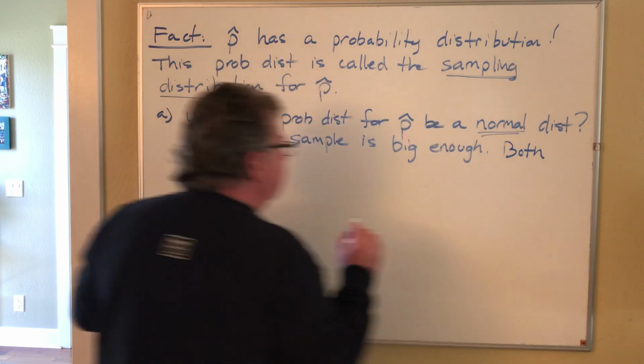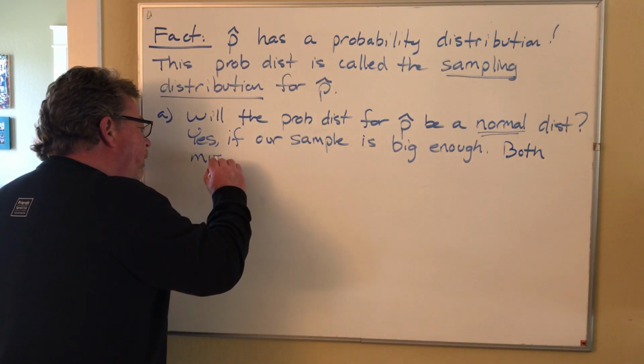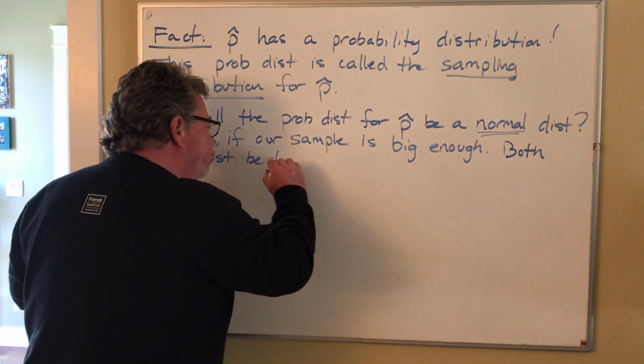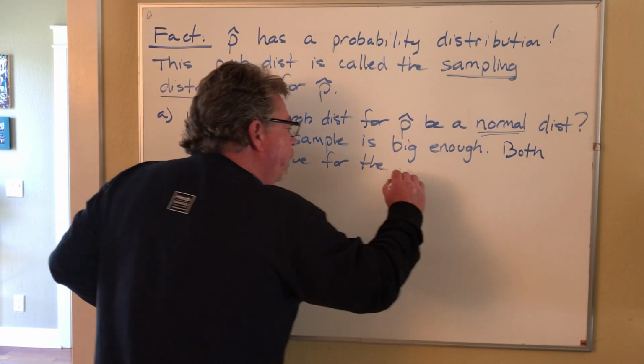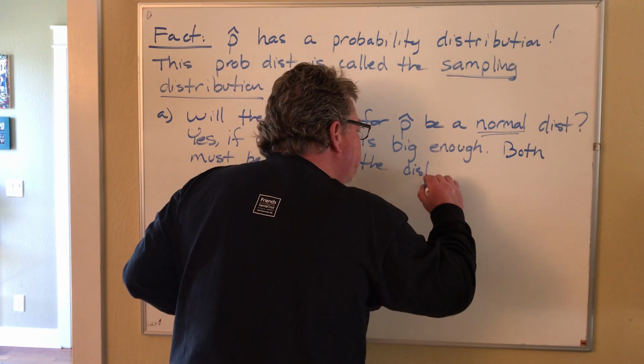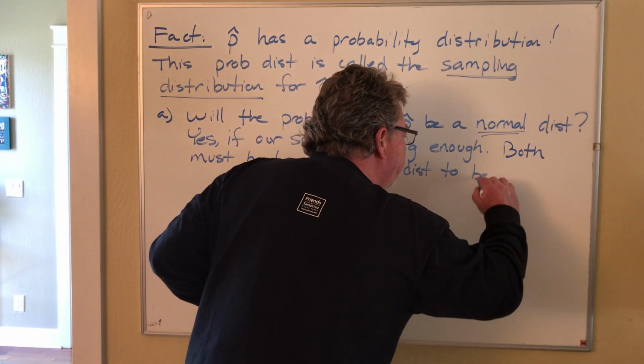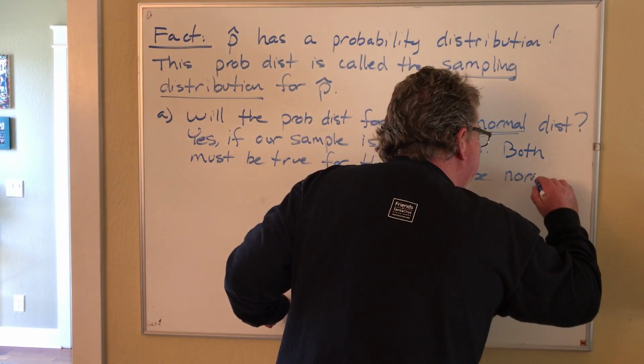Both must be true for the distribution to be normal.